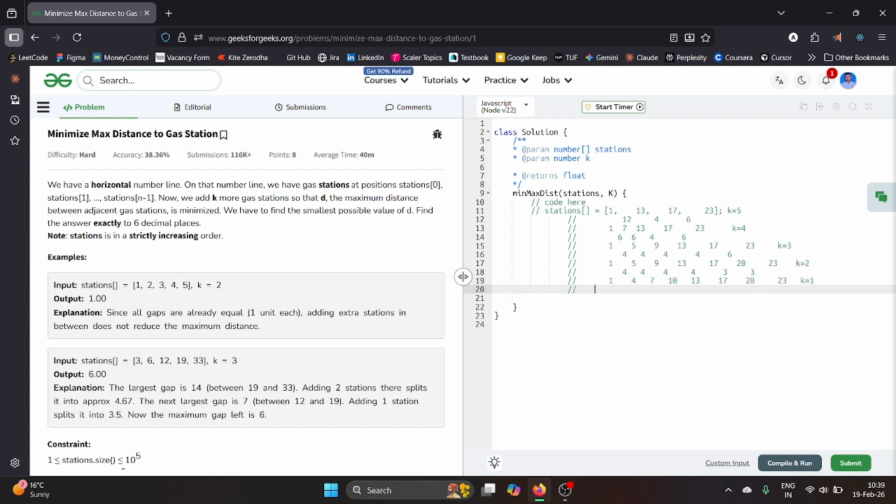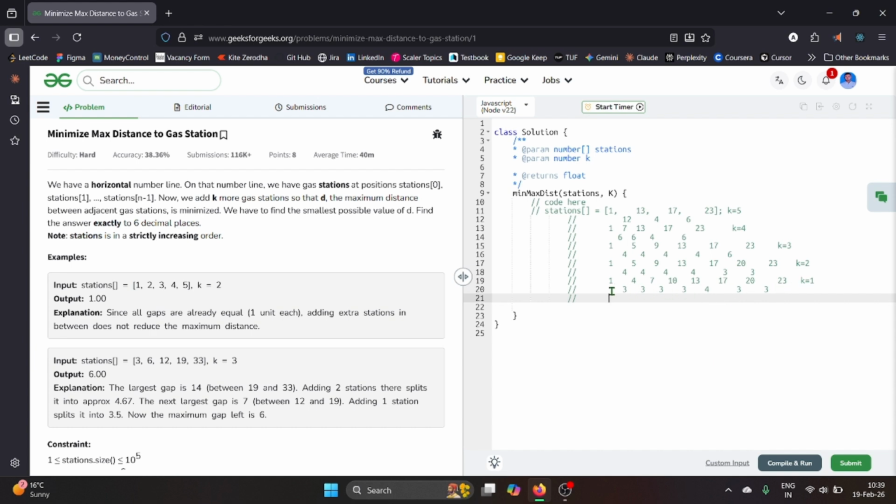Here 1 and 4 have 3 distance, 4 and 7 have 3 distance, 7 and 10 have 3 distance, and 10 and 13 have a distance of 3, and 13 and 17 have distance 4, and these others have 3 distance. So we have only one station remaining, and we want to put the station in between them.